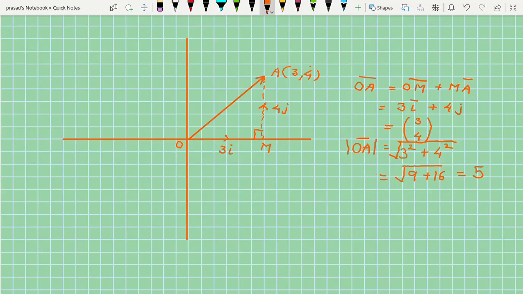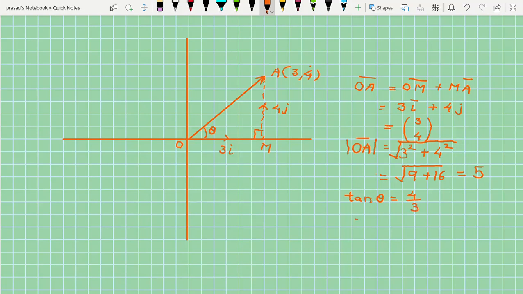Now I will take this angle theta here. So tan theta, using SOHCAHTOA, tan theta is opposite side upon adjacent side, that is 4 upon 3.